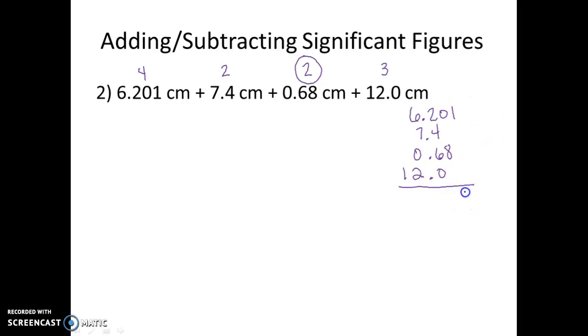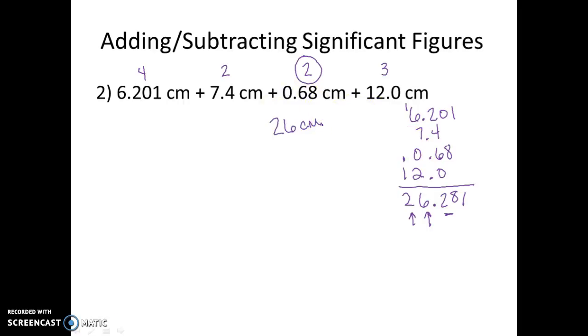So we have 1 in the outside, we have 8 behind that, we have 2, 4, and 6, so we have 12. Carry that 1. We have 6, 7, and 2, so we have a total of 16 there, and then we have a 1. So 26.281. Again, you can only have 2, so here's your first 2 digits. You look at that next one for rounding, and we should have 26 centimeters.